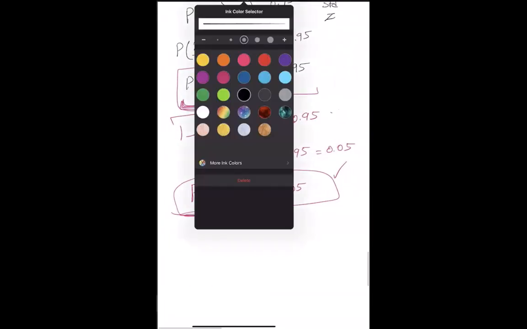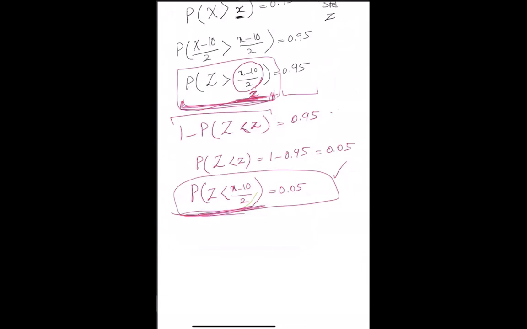So this z is that minus 1.64 that we saw in the table, because in the table we saw that the probability of z less than this value was 0.05. So then I can say that (x minus 10) divided by 2 equals minus 1.64.